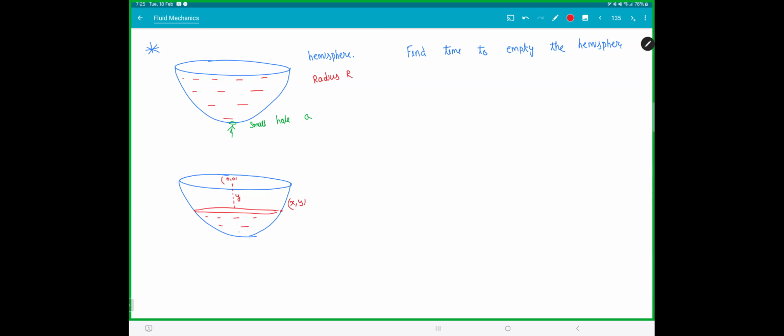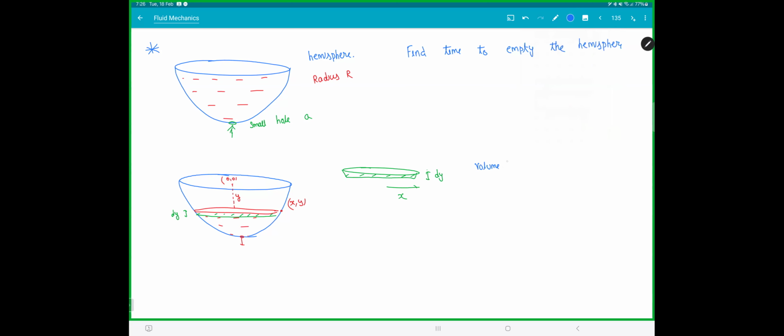This is the liquid there. So in time dt, let the liquid level decrease by a small amount like this, dy. So this much liquid has gone out. So this much liquid is flowing out every second. This is dx, dy, and this is x.